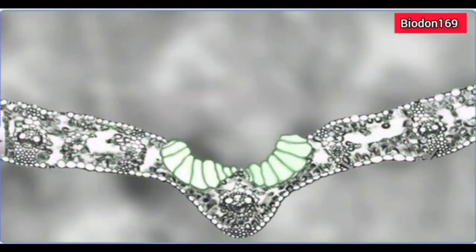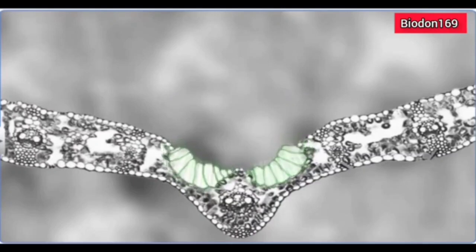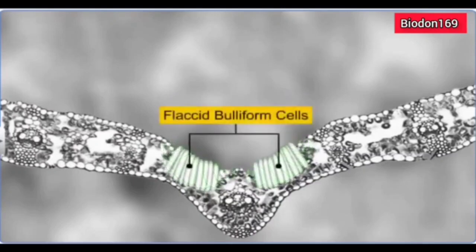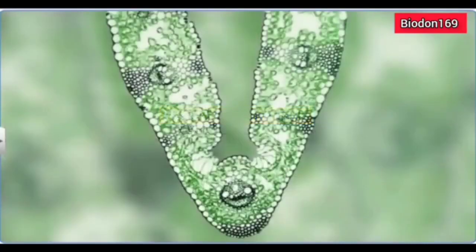Conversely, in water-stress situations, there is loss of turgor pressure and bulliform cells become flaccid. As a result, the leaves curl inwards to minimize water loss.